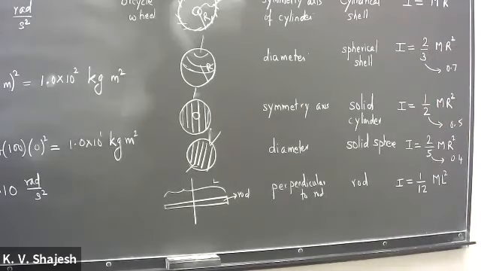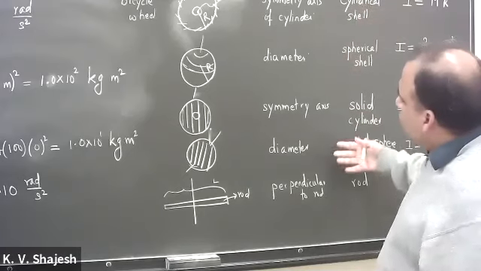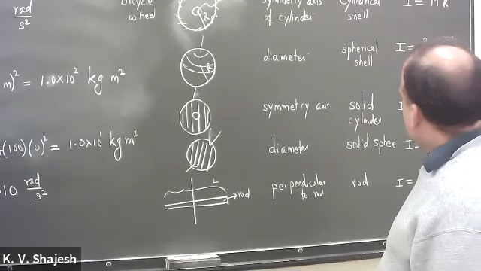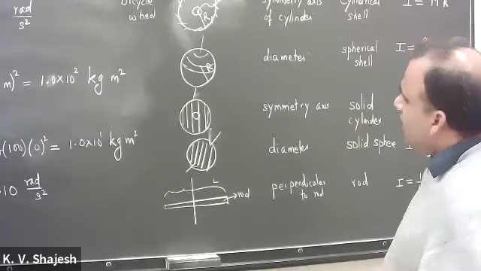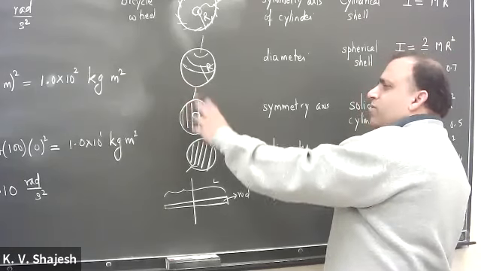Sometimes it gives stability. In that case, you will go to the other and get the higher moment of inertia. So first you want to decide, are we interested in more moment of inertia or less moment of inertia? And this gives you an idea of which geometries have larger moment of inertia and which ones have smaller. The main idea is how much mass is closer to the axis or away from the axis.